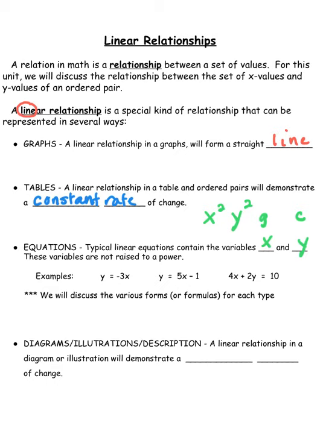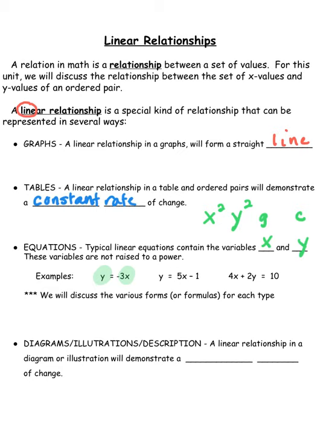So let's look at what these equations might typically look like. First of all, we have y equals 3x. You're going to notice that this equation has a y value and an x value, and it happens to have a number that we call a coefficient of x.